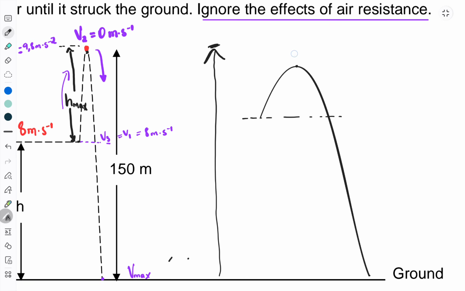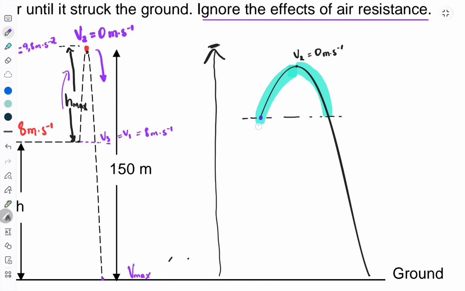That's our maximum point where v is 0. So the stone takes a certain amount of time to cover this path, right? It takes another time to cover that. So usually the time it takes for it to go from the initial position to maximum is the same time it will take to come back. Let me label this thing actually.